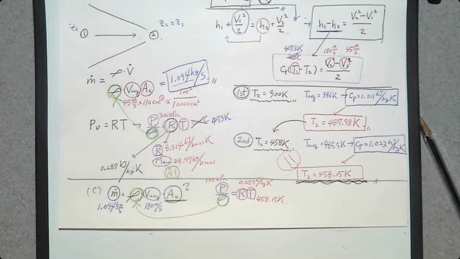Any question? What is the final answer? Unfortunately, I do not know. The solution is wrong. They made a mistake. But you can calculate, right? Any question about this problem?